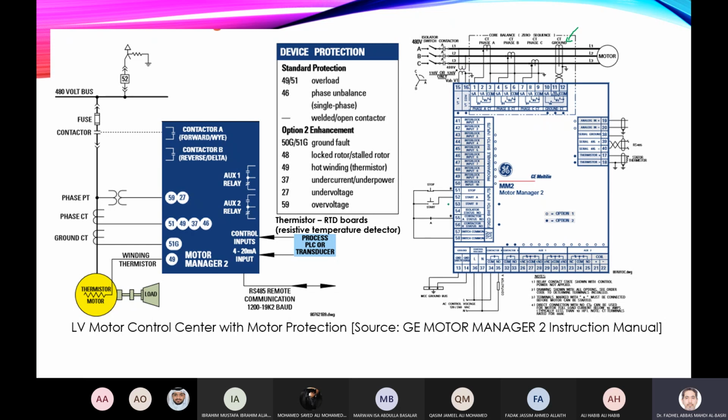These relays, which are dedicated for motors, I can use to start and stop the motor. If you give a command to the relay, it can switch the contactors on or off.